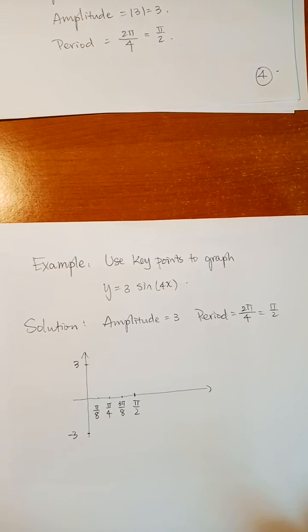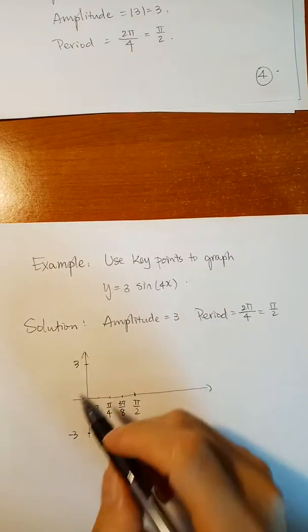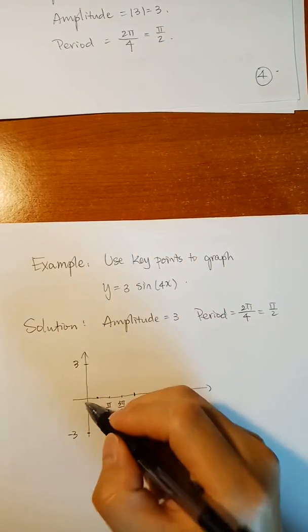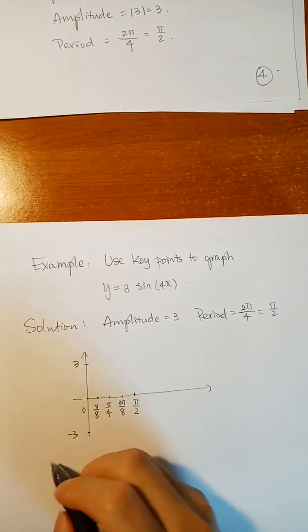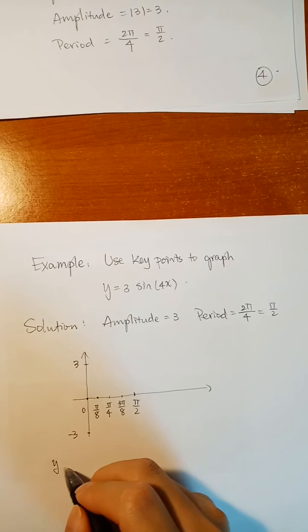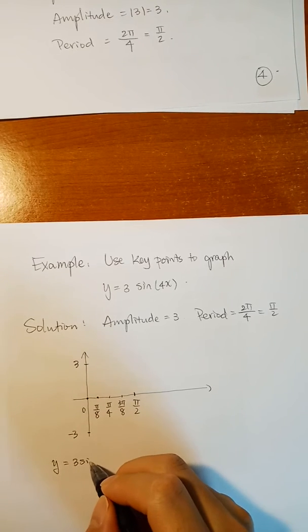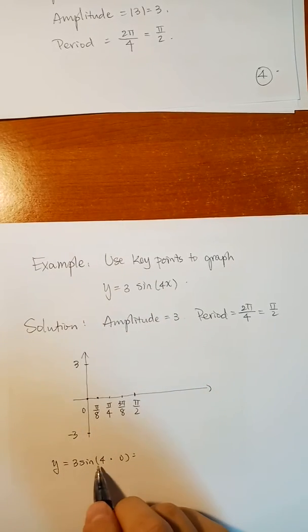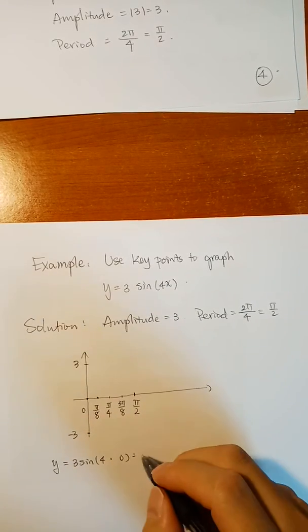And then we are going to evaluate at pi over 8, pi over 4, 3 pi over 8, and pi over 2, and 0, of course. So 4 times 0 is 0, sine 0 is 0.